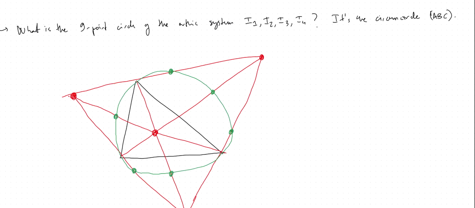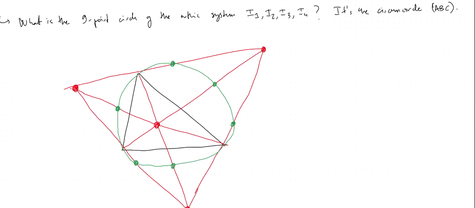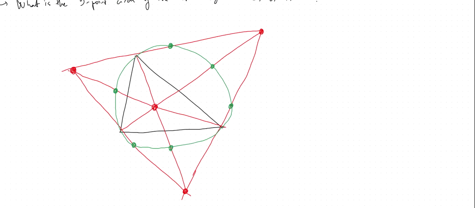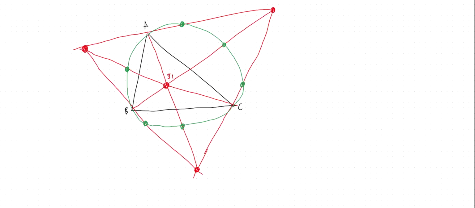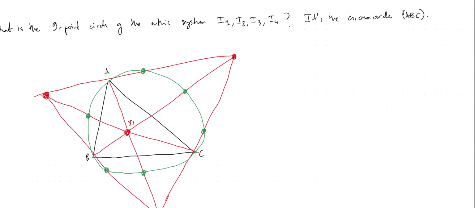Okay. They are midpoints of, so let's call them, so these are I1, I2, I3, I4.